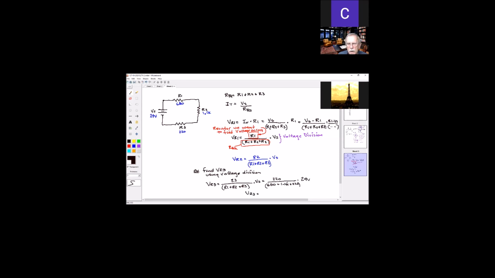So this is what, 900, 2,000, 220 over 2,000 times 24. 2.64 volts.